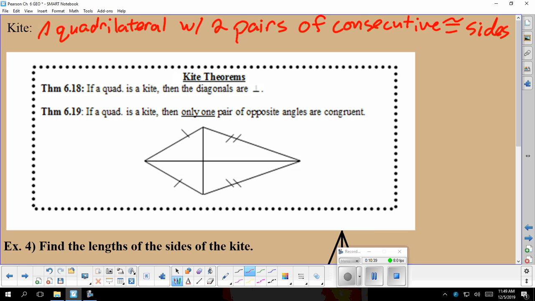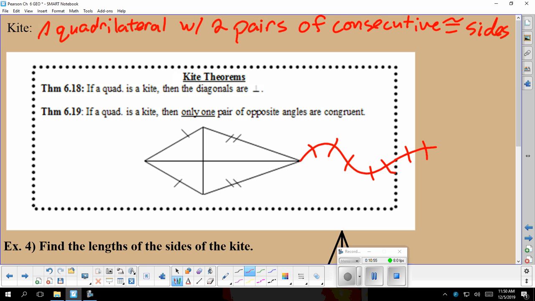Also, not a parallelogram. Two pairs of consecutive congruent sides. Draw yours like that.